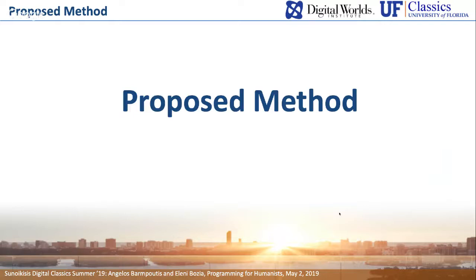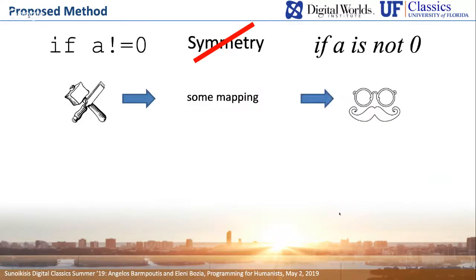So what we propose after this theoretical background is, why don't we do the same to teach coding to humanities students? In other words, create a text editor that does not have a symmetry. And we use all these computer coding jargon and symbols as the shortcut to something that is much more explanatory.